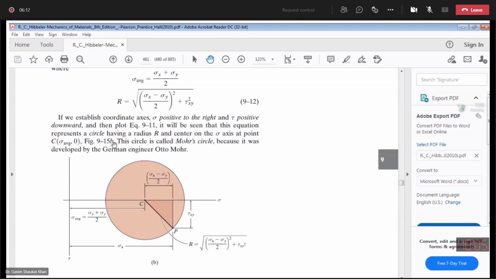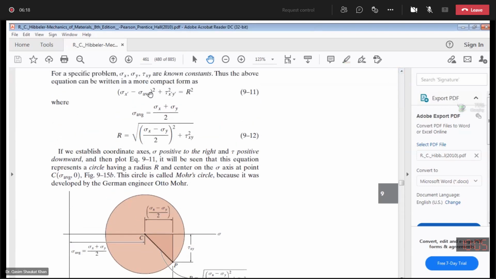It will be seen that equation 9.11, (sigma x dash minus sigma average) squared plus tau x dash y dash squared equals r squared, represents a circle having radius r and center on the normal stress axis at point C. The coordinates of point C are average normal stress and 0 shear stress. So this is the center point of the Mohr circle.